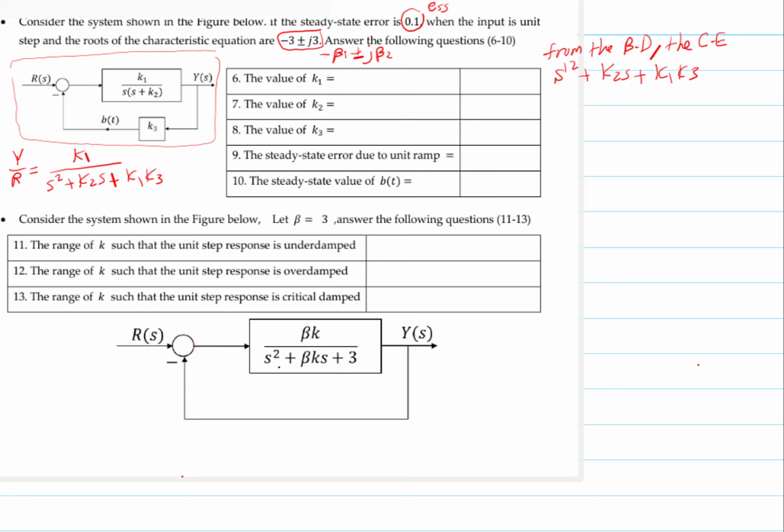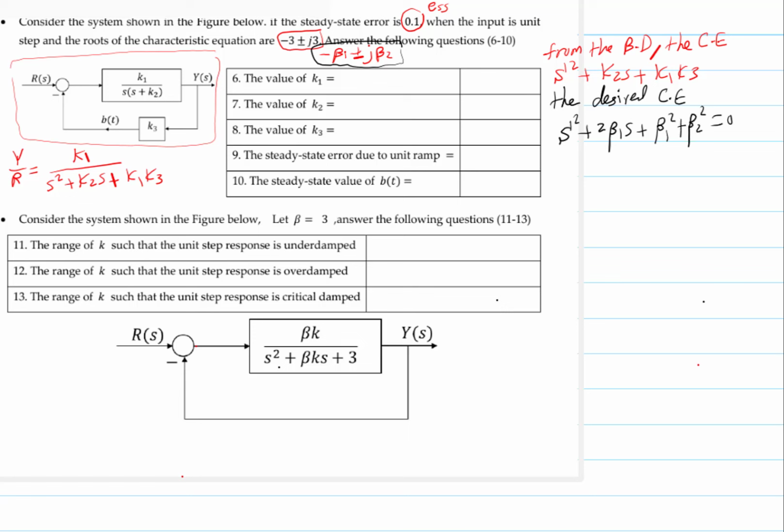Now from the roots of the characteristic equation we can find the desired characteristic equation, which will equal, for a second order system, s square plus 2 beta 1 s plus the magnitude square, so beta 1 square plus beta 2 square.